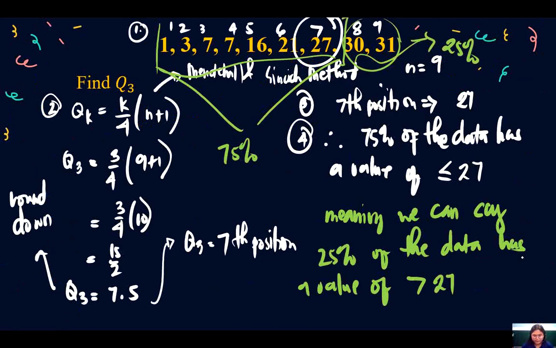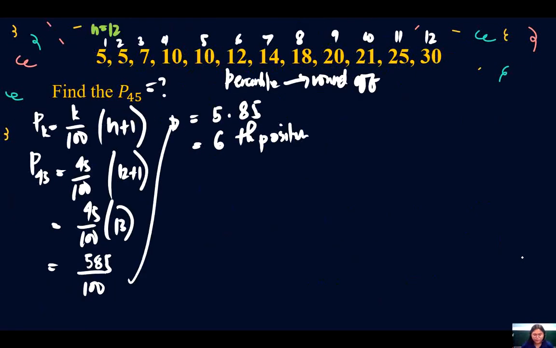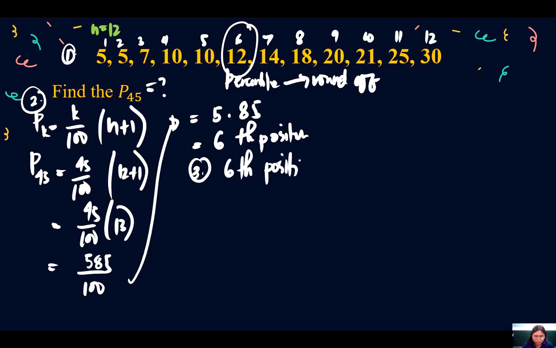I-round off natin into whole number. Okay? Balik tayo dun sa example natin. So, sa 6th position na tayo. So, ano yung 6th position dyan? Here. Si 12. Okay? So, this is the first step. Nalilimutan lagi natin labelan na second step. Our third step is ano yung position? Ano yung value ng position? It is equal to 12. Our interpretation, therefore, so ang hinahanap natin is 45 percentile.